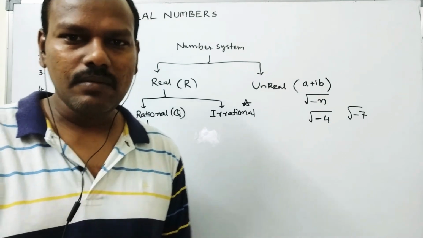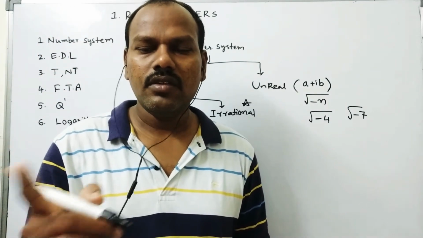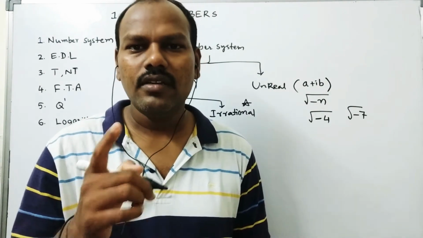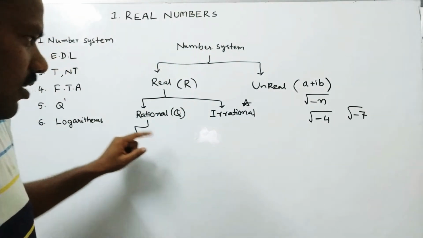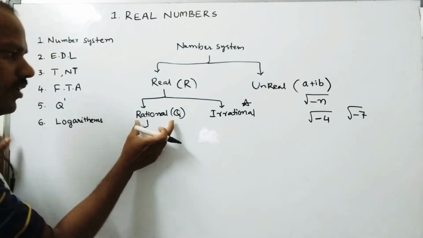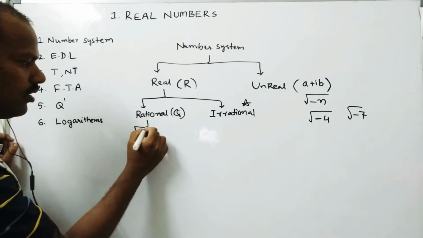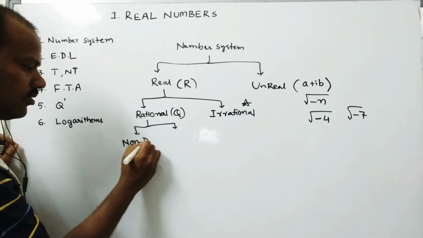Example, 10 by 3. If you divide, you will get 3.33333, never ending but repeating. For short, you can say NTR. So non-terminating recurring decimals can be written as rational numbers, generally in fraction form or p by q form.